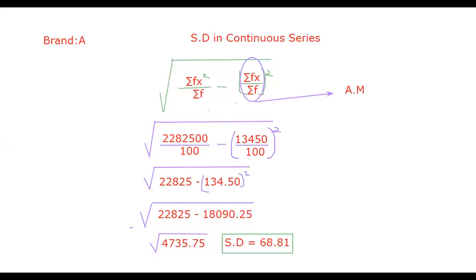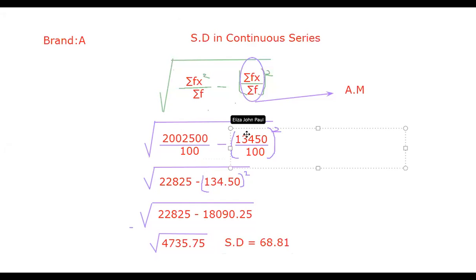So what is our sigma fx square? That is 20 lakhs 2,500, right? Divided by 100 as it is.